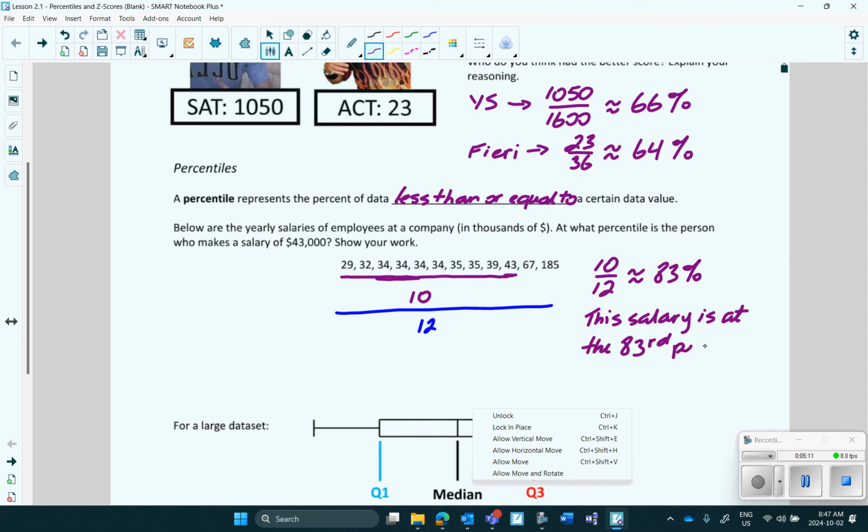That doesn't mean that they scored 83%. It doesn't make sense for salaries. It means that their value is the same as or better than 83% of the salaries at this company, or of at least the 12 that were measured.